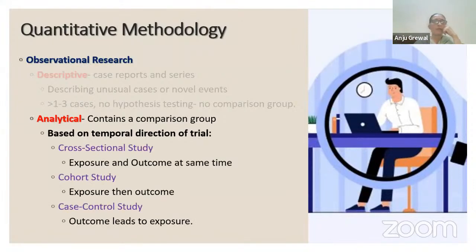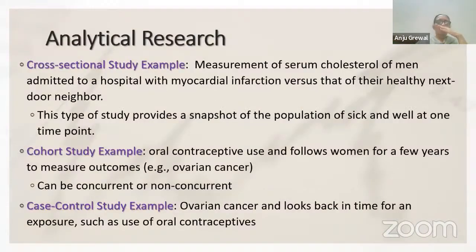So based on which temporal direction the trial works, as I said before, it could be either a cross-sectional, cohort, or case control study. Now, just to give you a few examples, especially for the new learners. A cross-sectional study is one that looks at the prevalence of a disease.